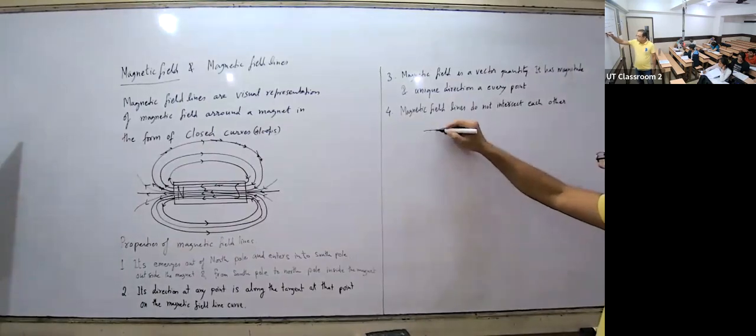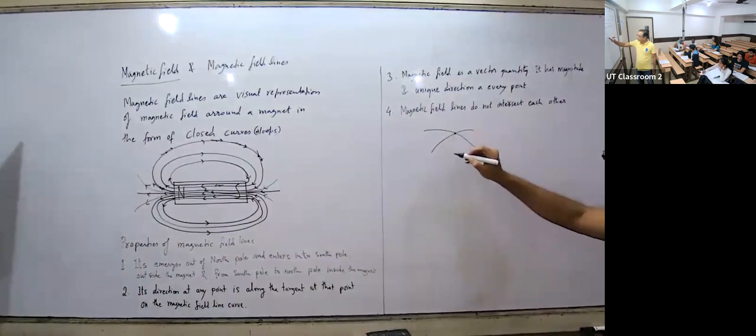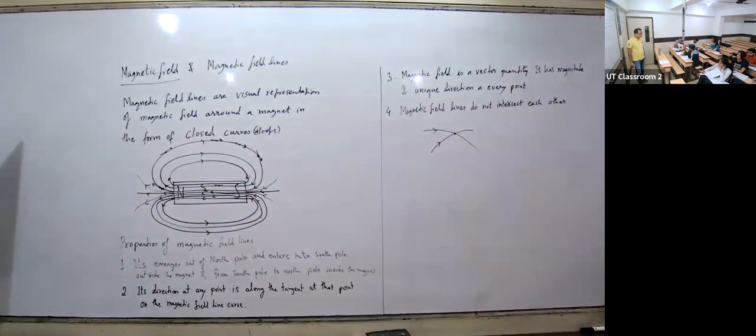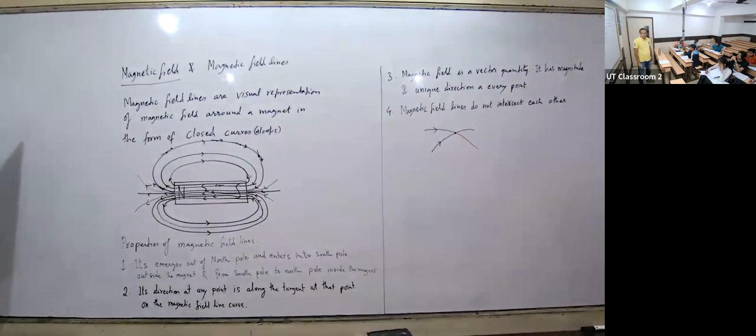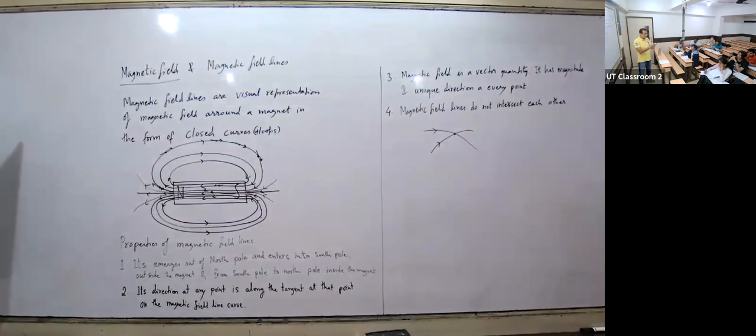Is this allowed? Can two magnetic field lines intersect each other? No. Why? Because it would mean different magnetic field. I'm saying magnetic field lines of the same magnet. Can they cut each other? No. Why?